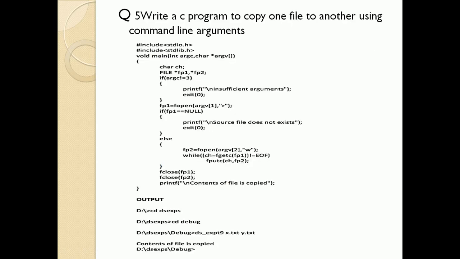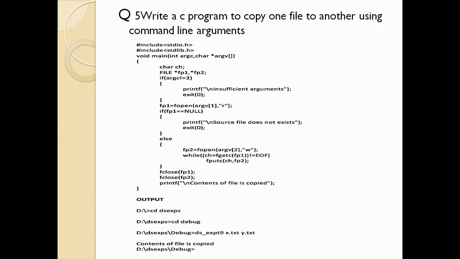So let's see the next question, that is, write a C program to copy one file to another using command line arguments. Here I have taken two header files, that is #include <stdio.h> and the second one is #include <stdlib.h>. stdlib.h is the standard library header. So what do command line arguments mean?